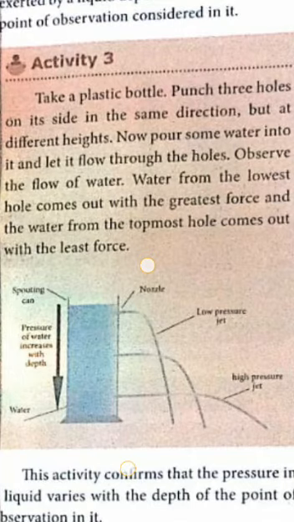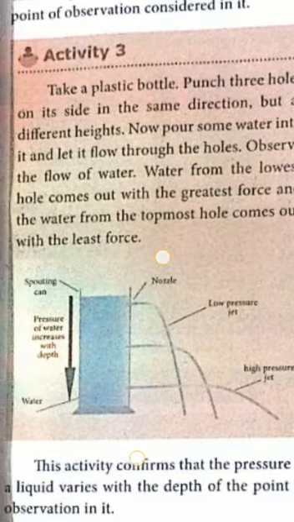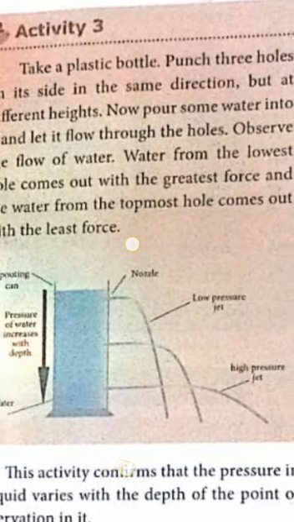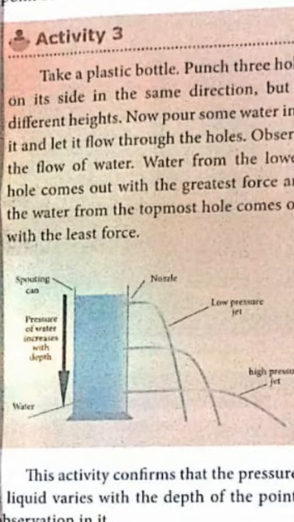When we see the flow of water, water from the lowest hole comes out with the greatest force, and the water from the topmost hole comes out with the least force. So what is the reason for the variation in force?